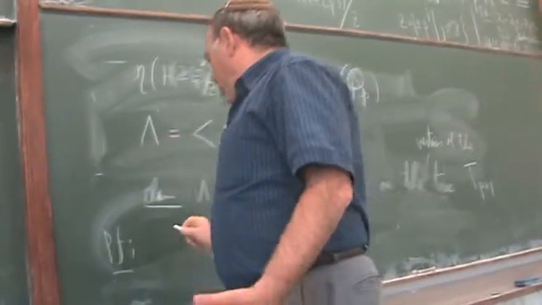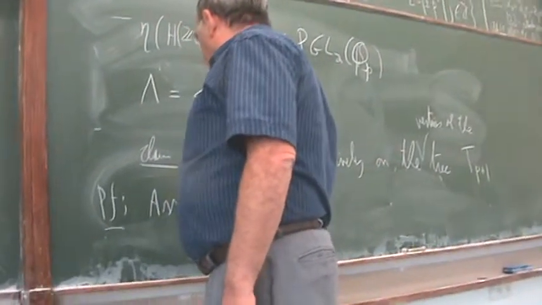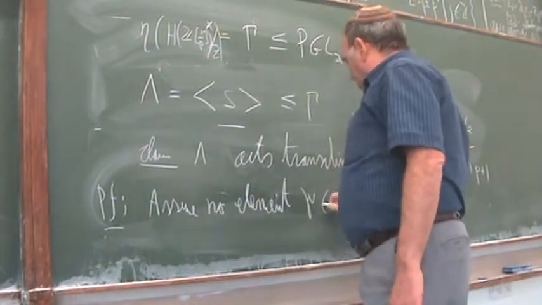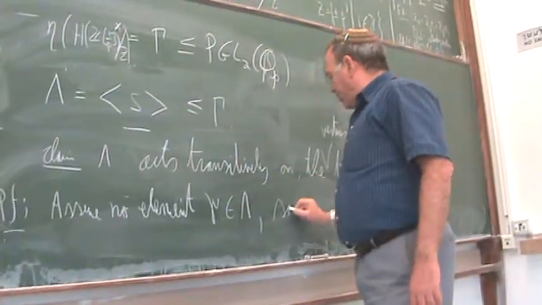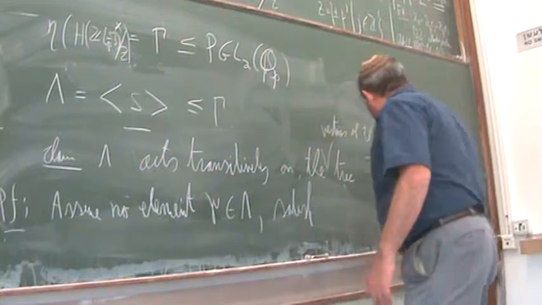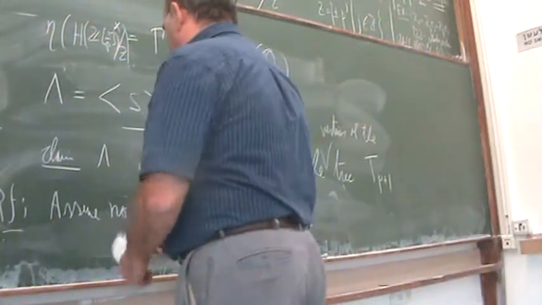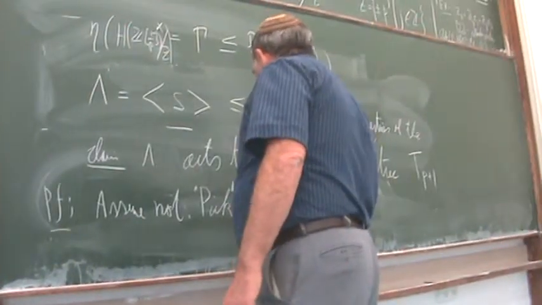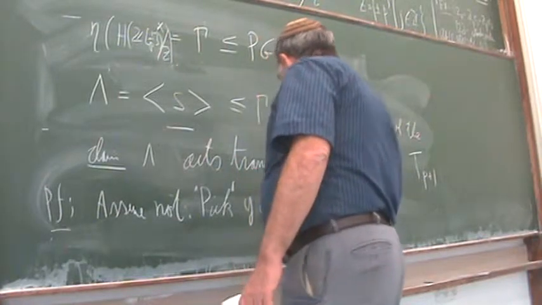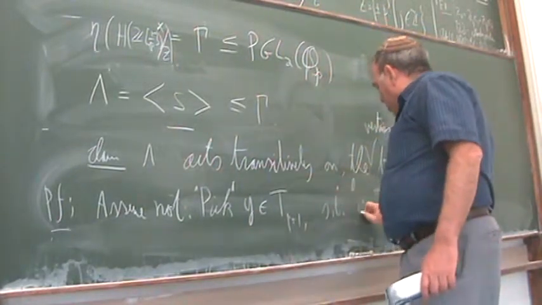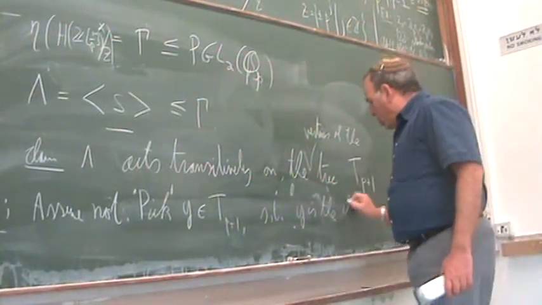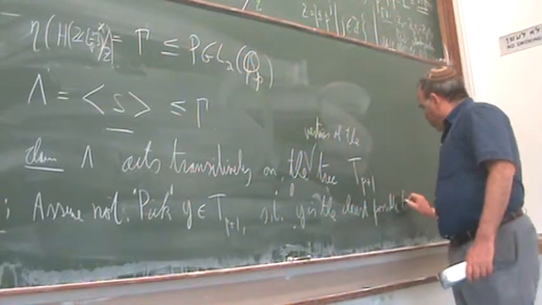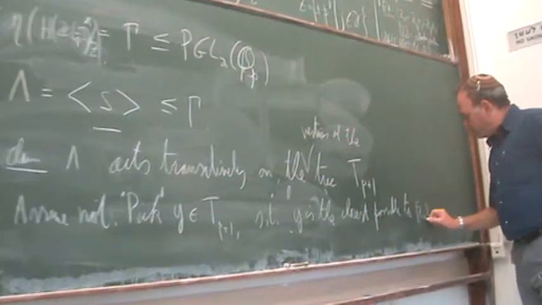Why? Because we assume not. So pick some y in the tree such that y is the closest possible to the standard vertex.